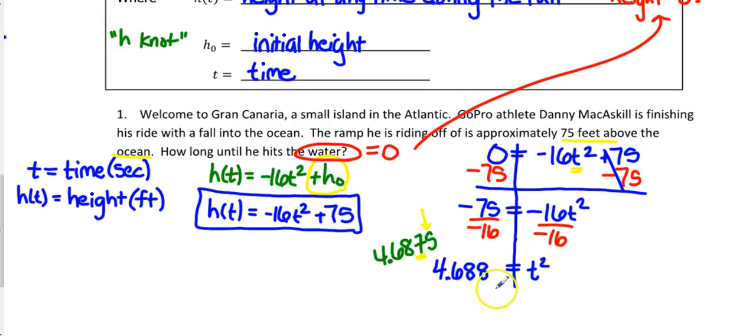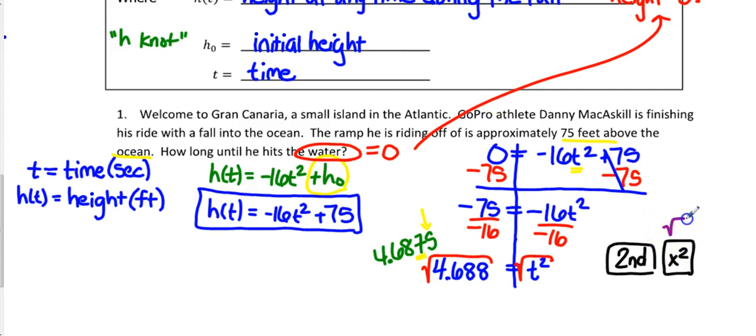Are we done? I'm trying to solve for t. Well, let's see, t squared. So now that we have successfully isolated t squared, what undoes squaring? The inverse operation for squaring is square rooting. So we're going to take the square root of both sides. Remember, in your calculators, you're going to hit the second button first, and then you'll hit x squared, because above x squared, for most of your calculators, it looks like a purple square root sign.